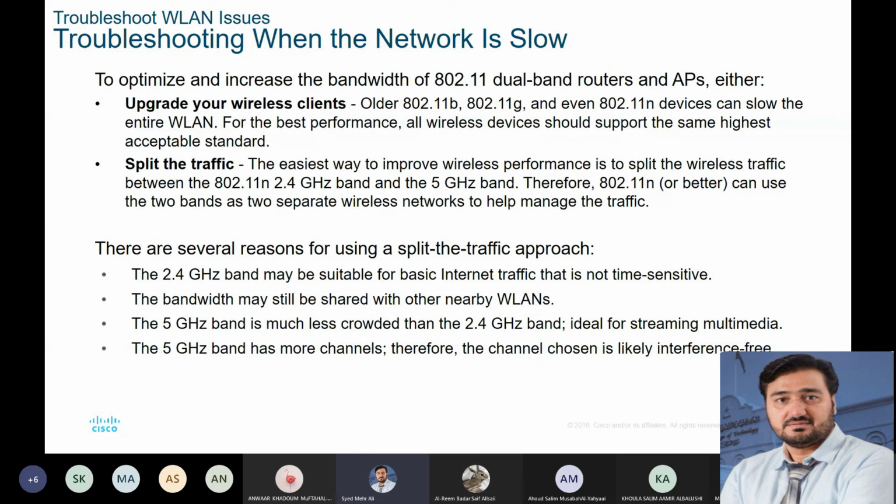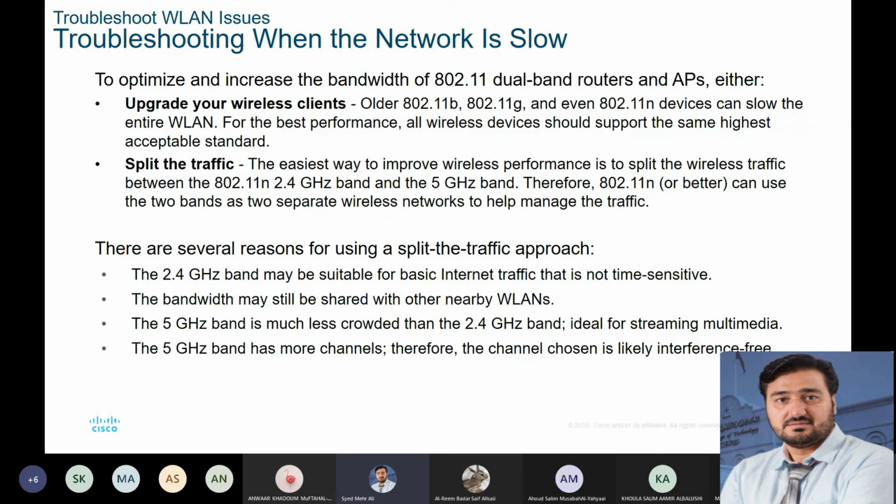The easiest way to improve wireless performance is to split the wireless traffic between the 2.4 gigahertz band and the 5 gigahertz band. Therefore 802.11n or better can use the two bands as two separate wireless networks to help manage the traffic.